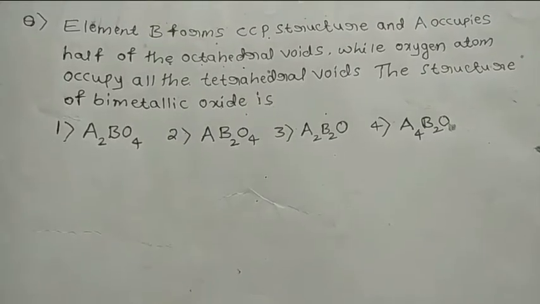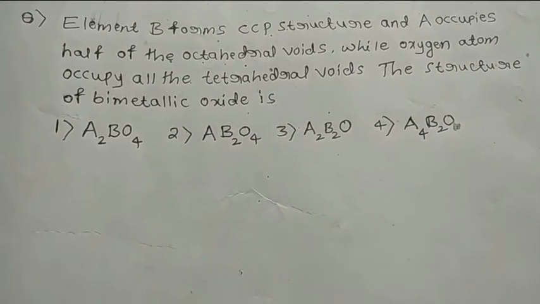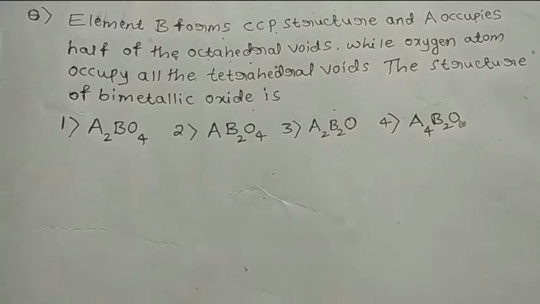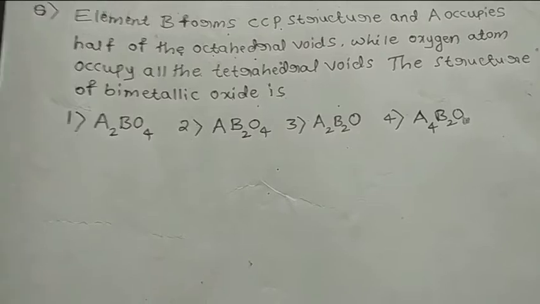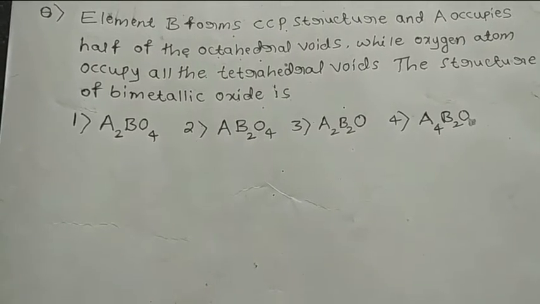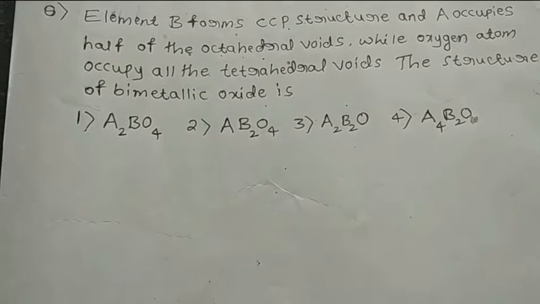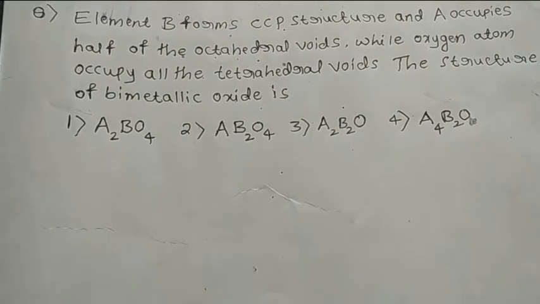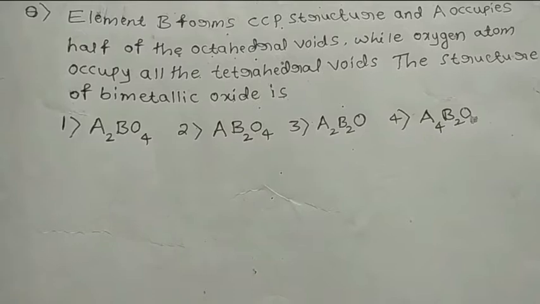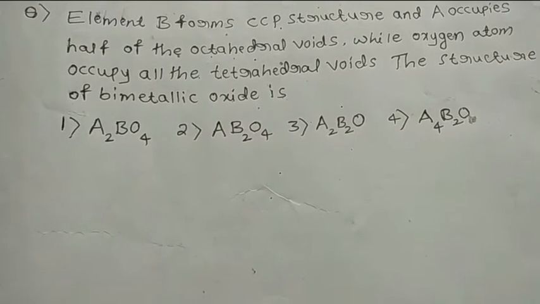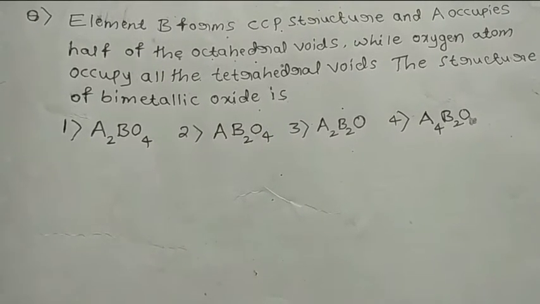And the next question is: element B forms a CCP structure and A occupies half of the octahedral voids, while oxygen atoms occupy all the tetrahedral voids. Find the structure of the bimetallic oxide. If you know the concept of voids, the question is simple.